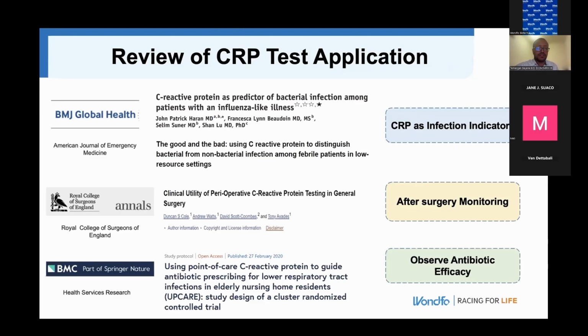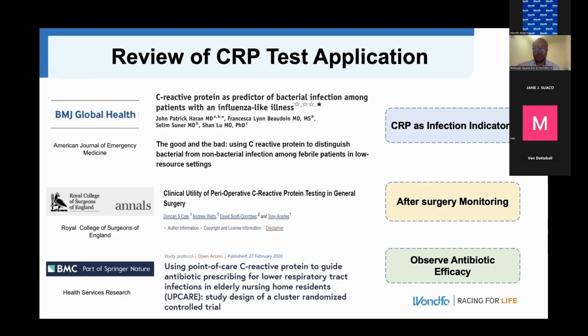It can help us in monitoring after surgery if the patients are really having any post-operative infection or not. We can look into antimicrobial efficacy, whether what we are giving the patient is working or not, and if the patient is responding or not, and so on.